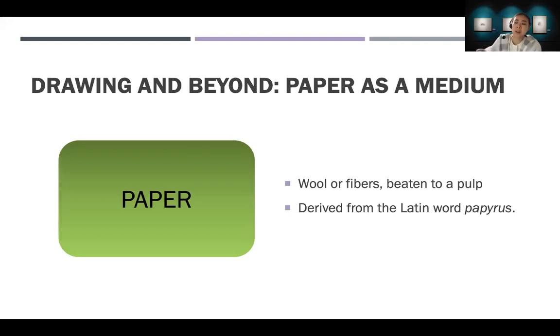Our word paper is derived from the Latin word papyrus, which the ancient Romans used to designate both a plant that grew along the banks of the Nile River and writing material that the ancient Egyptians made from it.